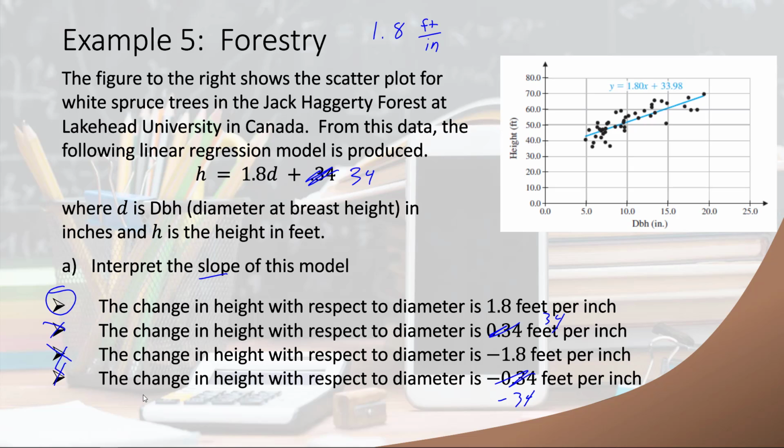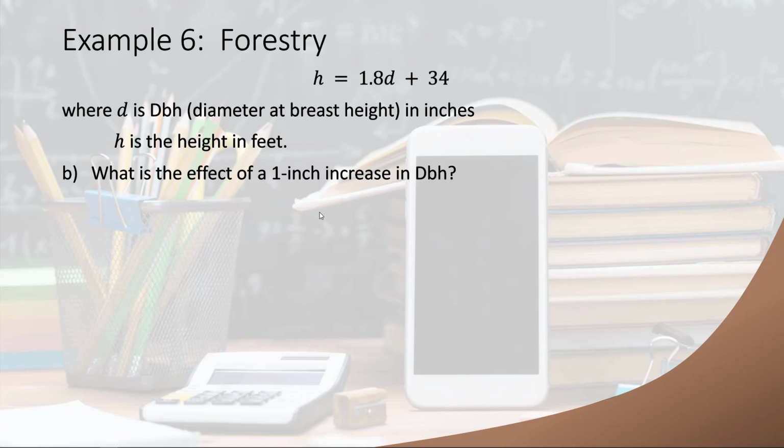Okay, let's go ahead and take a look at part B. Actually this should be a decrease. Let me write that as decrease. What is the effect of a 1-inch decrease in the diameter at breast height? Well, if the diameter at breast height went down by 1 inch, then the height is going to go down by 1.8 feet.